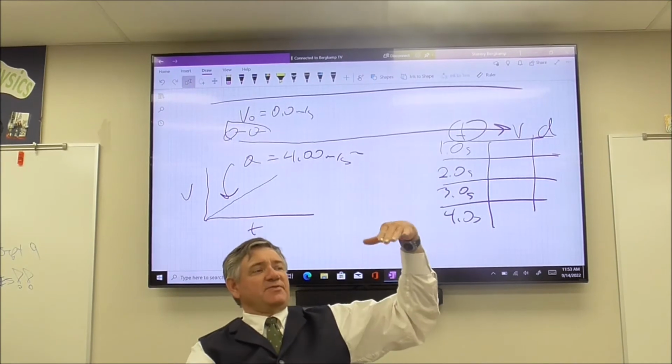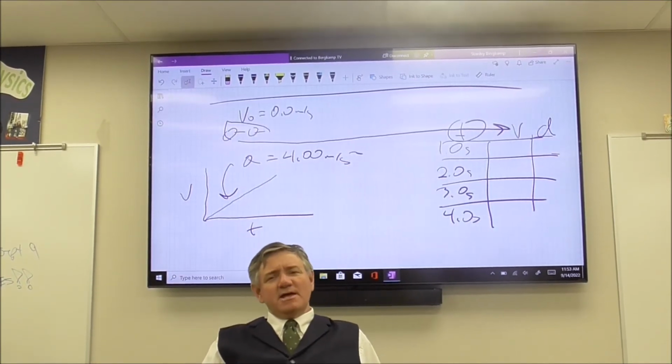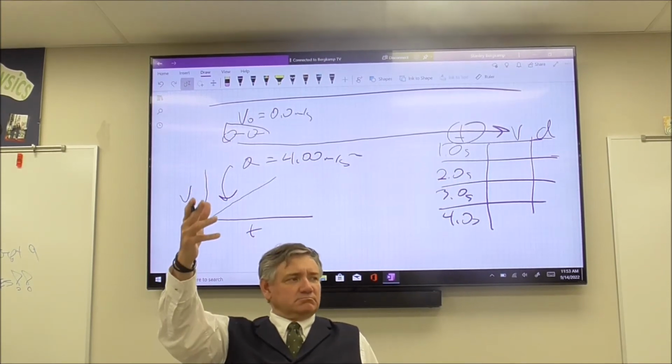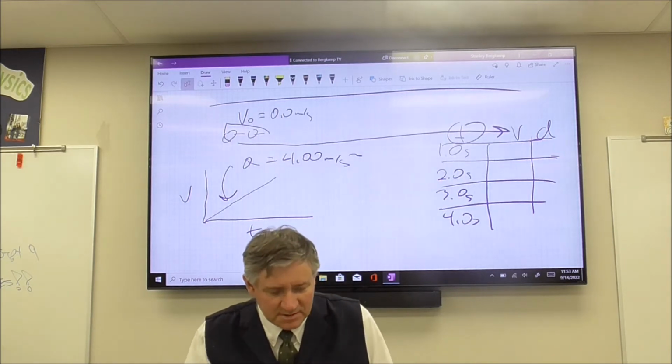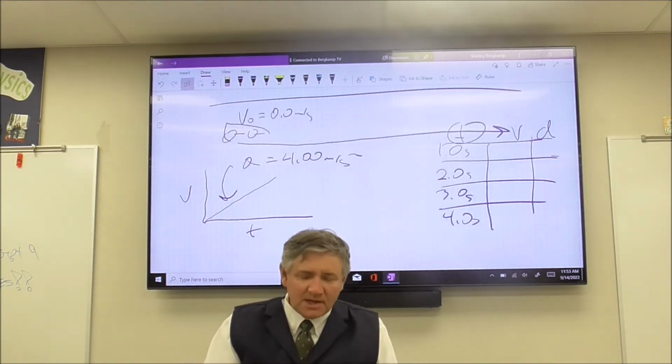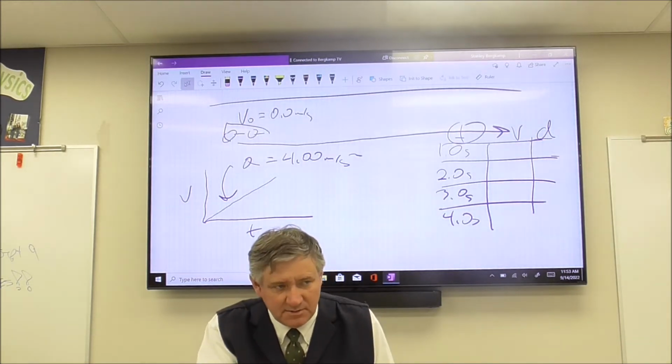Okay, so we know the slope of the line. If you're a math nerd, you go, oh, I know the slope of the line. It's got a y-intercept of 0. I know my x values, so I can find my y values. Now, this is where it's important to understand fundamentally what acceleration means.